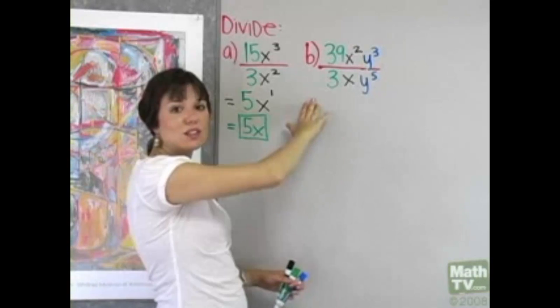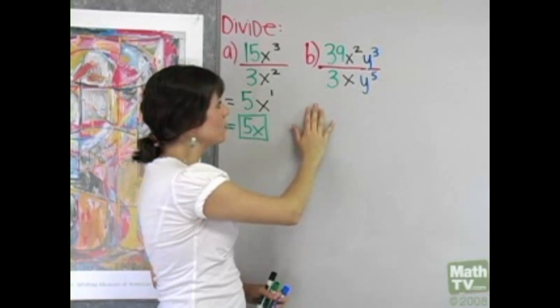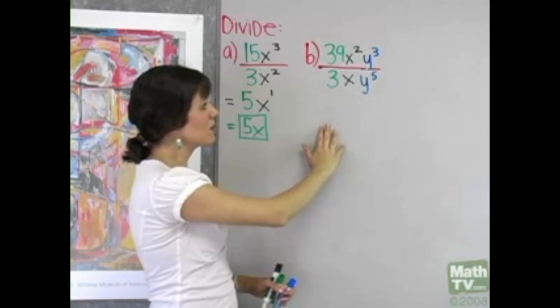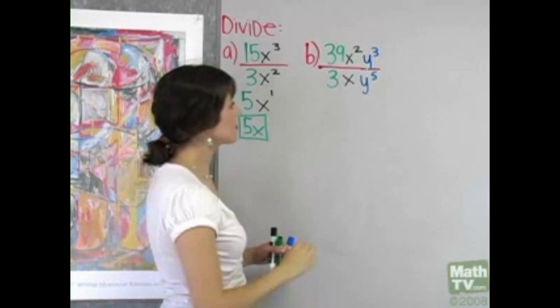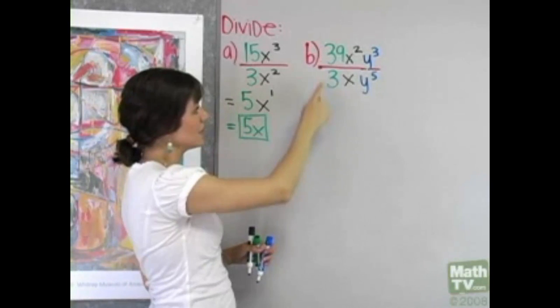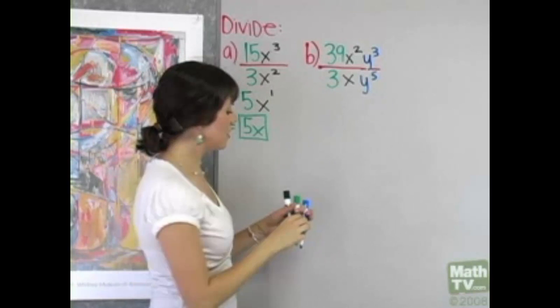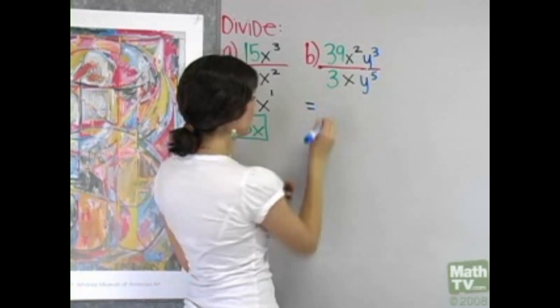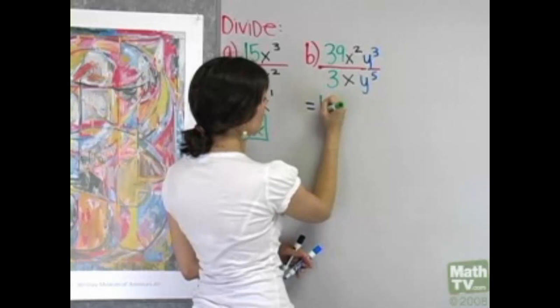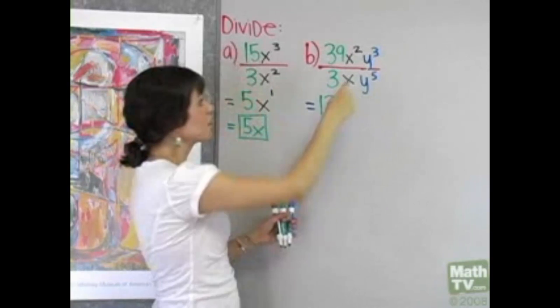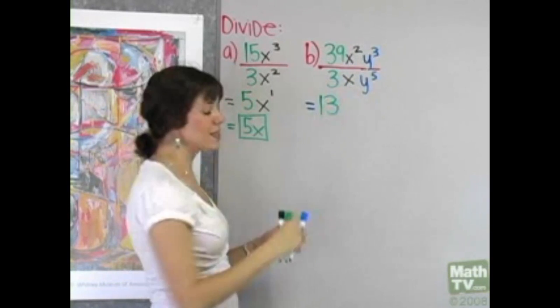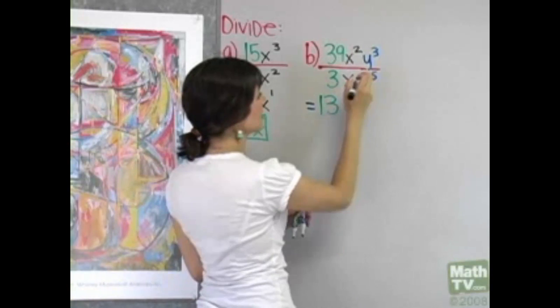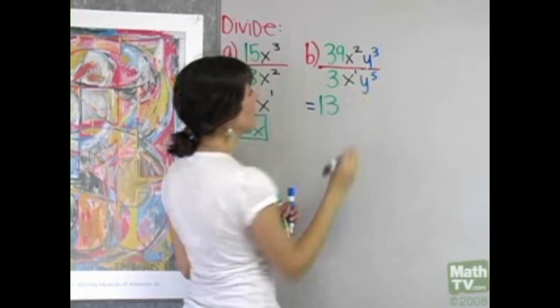On part B, we have 39x squared y cubed divided by 3xy to the 5th. So first, 39 divided by 3 will leave us with a 13 in the numerator. X squared divided by x, we can think of this x as being raised to 1.